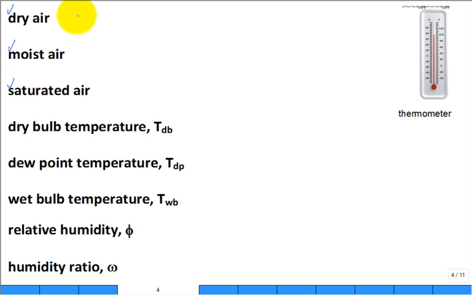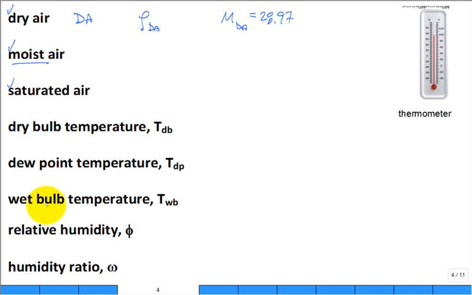So for dry air we'll just say dA, and I'll talk about the density of dry air, and the molar mass of dry air, etc. The molar mass of dry air is 28.97 kilograms per kilomole.